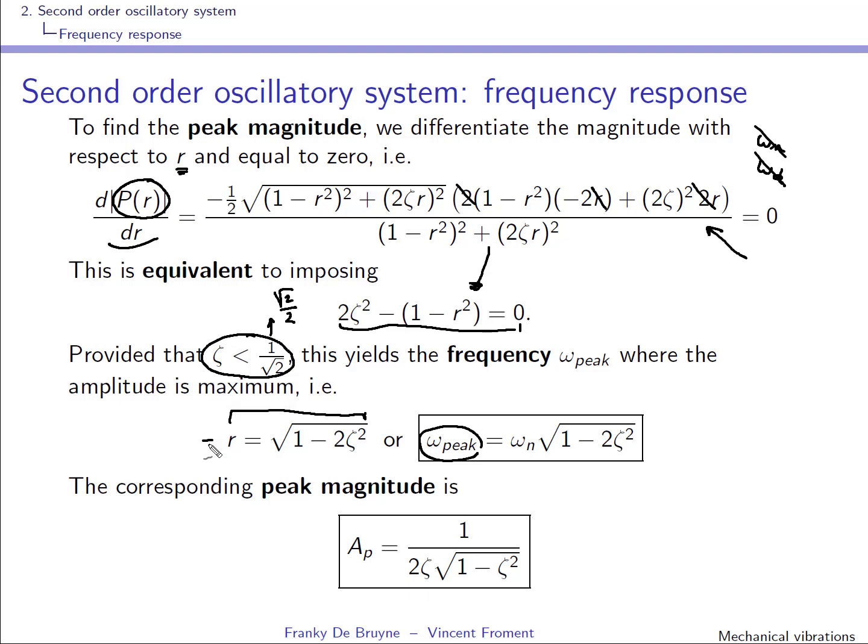And don't forget that R is omega over omega n, so we can compute the frequency at which this modulus of P peaks, right? And if you plug it in here, you can actually compute the peak magnitude, which is given by this quantity here.